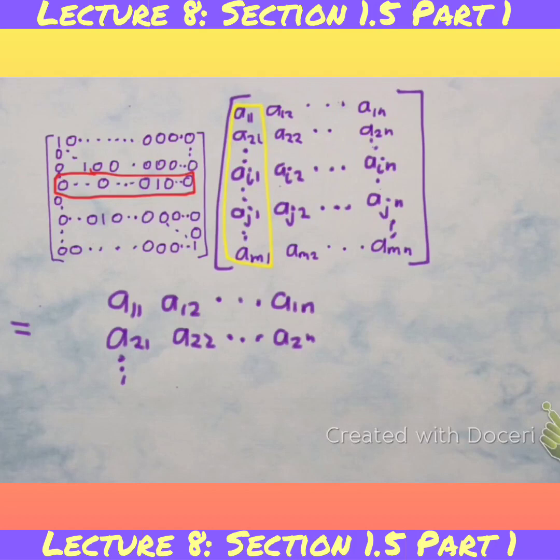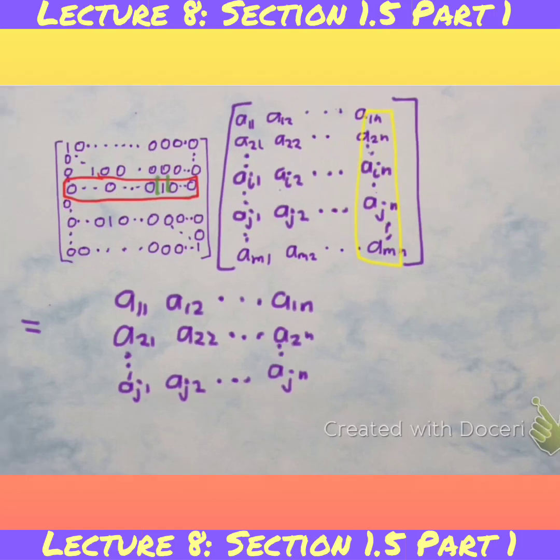You're going to firstly dot that red row with all the subsequent columns of A, and that one encircled in green, like I said, lies in the jth position of the ith row. So that one is going to correspond to the position of the jth row, and so you're going to generate all the jth row elements in that position.